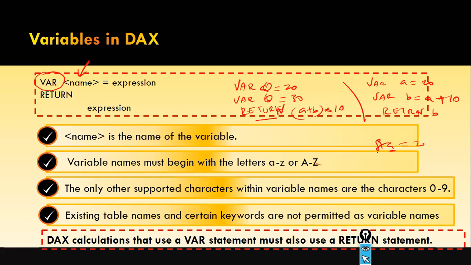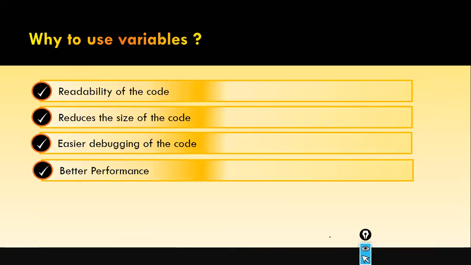The variable name should not start with a number. So these are the basic rules that you need to be aware of before declaring variables. Existing table names and reserved words are not permitted as variable names. It will throw an error. And finally, a DAX calculation that uses a var statement must also use a return statement. That is what I told you earlier.